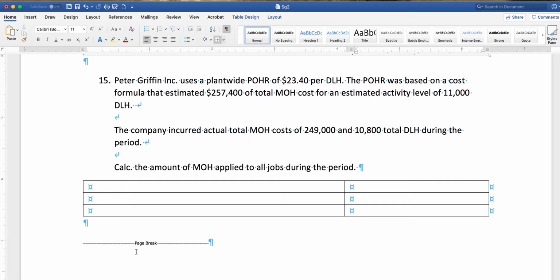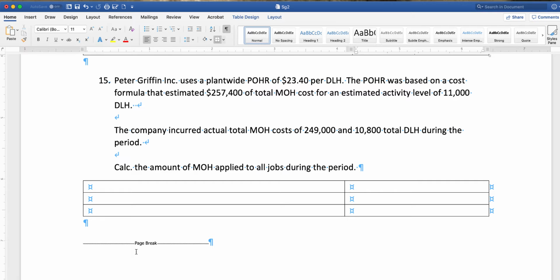Right now, without even calculating anything, I'm going to ask you this, because I said in the fourth video, you got to know how to identify underapplied and overapplied, what it means, how to fix it. They used as an estimate $257,400. They actually incurred $249,000.